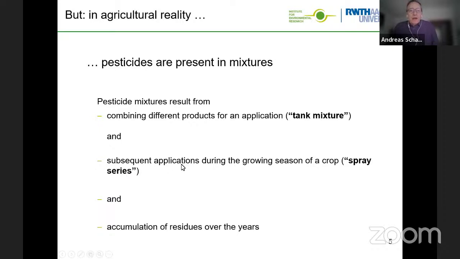So subsequent applications during the growing season of a crop, which we call spray series. And thirdly, residues accumulate over the years. So you always, in agricultural fields, have mixtures of pesticides.